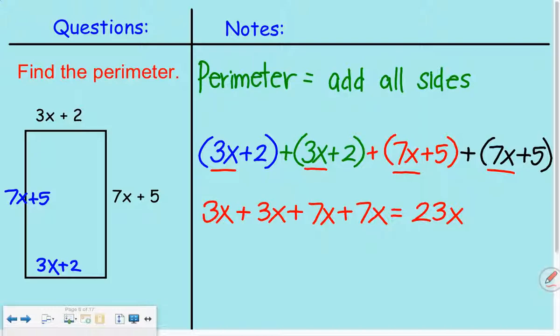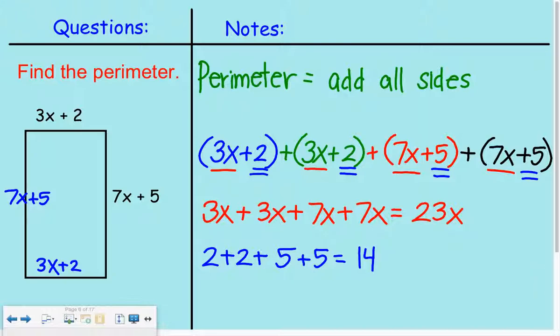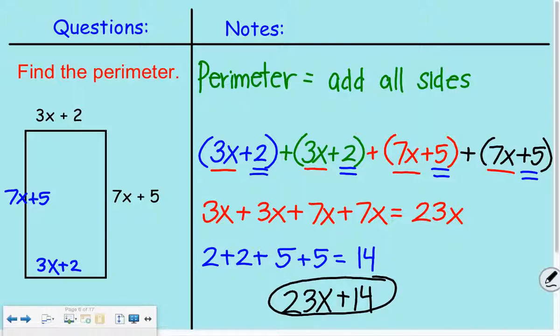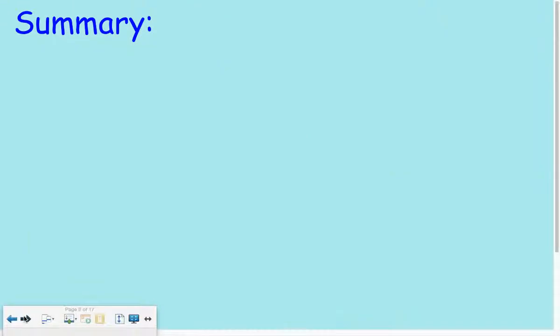And then if I add 2, 2, 5, and 5, that makes 14. So then my answer is 23x plus 14. Summary.